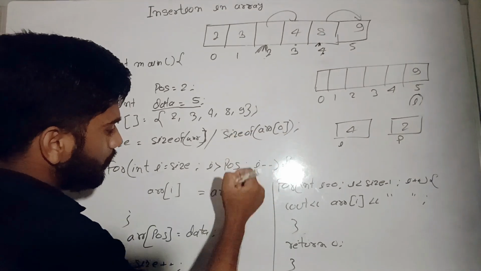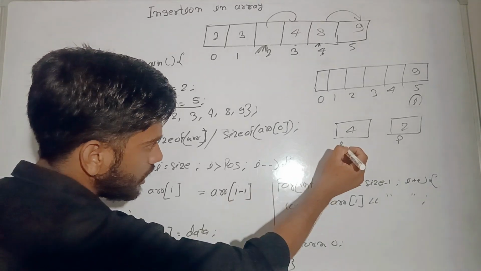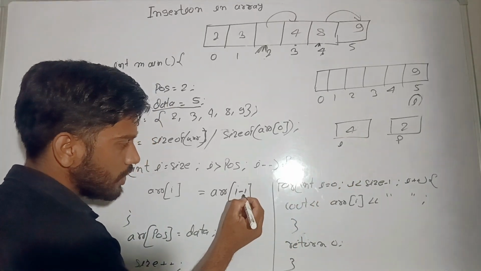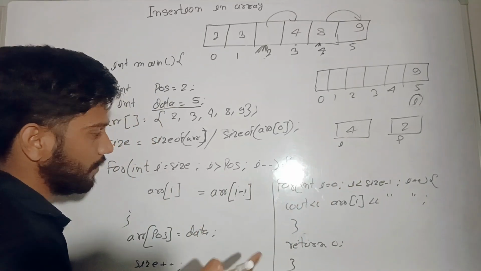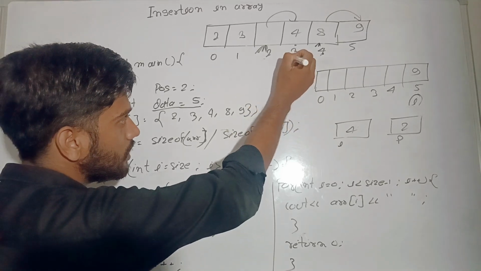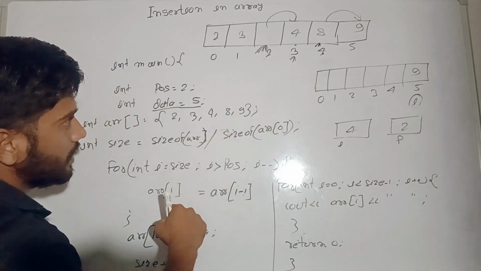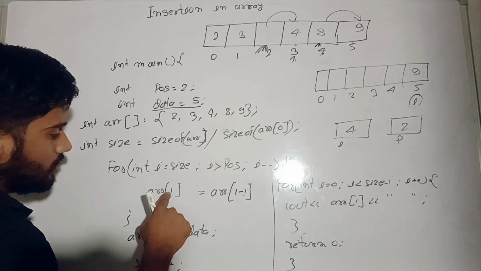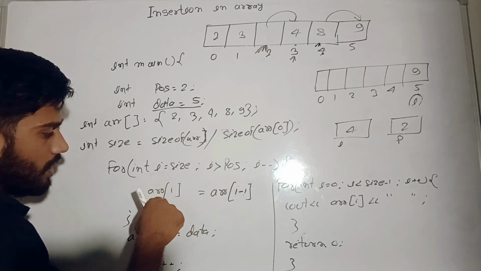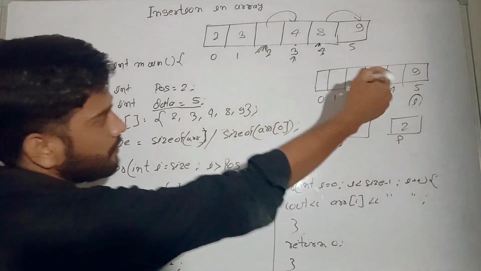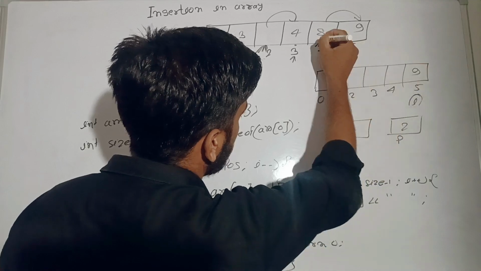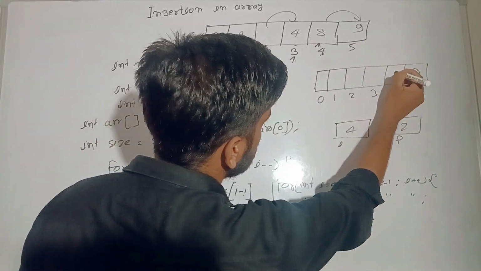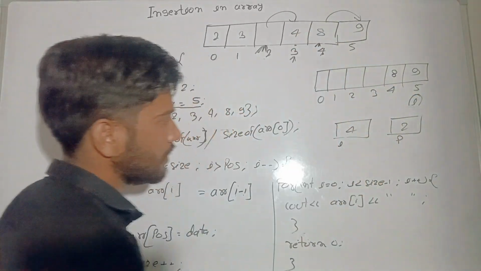Now I is 4, means 4 minus 1 becomes 3. At the position of 3, which element is present? 4. This time 4 will be shifted here. Then at position of 4, 8 is present here. Then 8 will be shifted here.